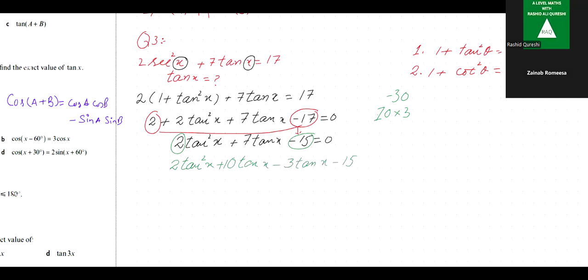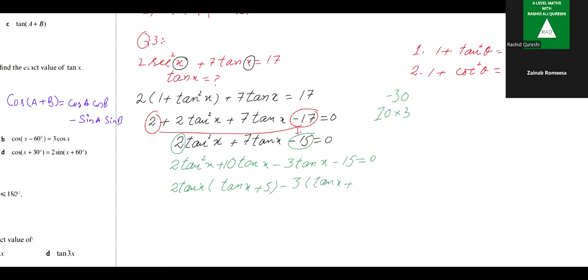Beta, you can use the quadratic formula and you can use the calculator over here. So 2 times tan of x is taken as common. I will get tan of x plus 5 from here, and minus 3 is taken as common. So you have to write tan of x plus 5 over here.